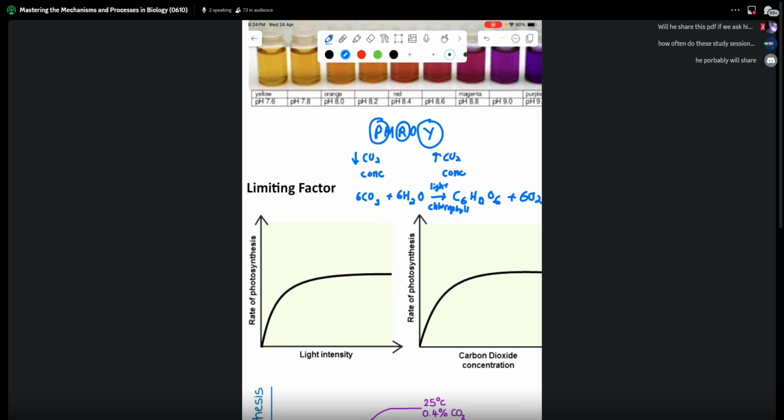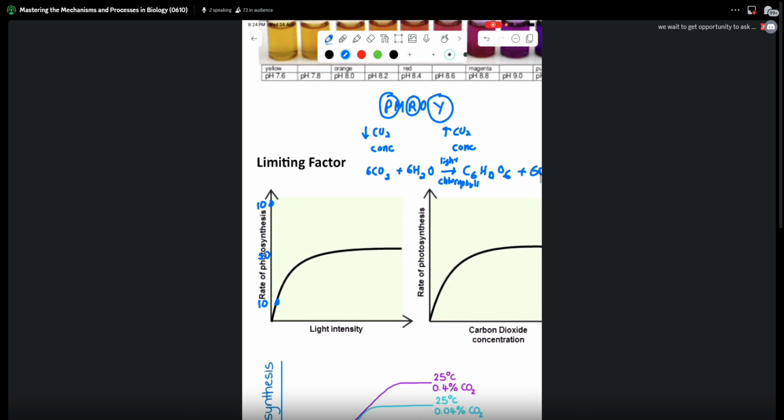Light is very important. If there's very low light intensity, the rate of photosynthesis will be lower. For example, if this is 10, this is 50, this is 100: when there's very little sunlight, the rate of photosynthesis is just 10. But as the light intensity increases, it can eventually reach about 50. That's how light intensity plays.